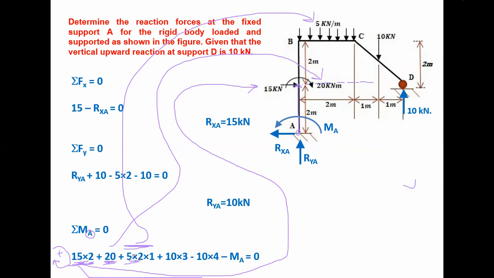What is this 5 into 2? Already we have used this 5 into 2 over here, right? This 5 into 2 denotes the total force applied by this UDL on this link BC. Okay, so this is the total force. Good. So force into perpendicular distance. So this one is the perpendicular distance, but how are we getting this perpendicular distance one?